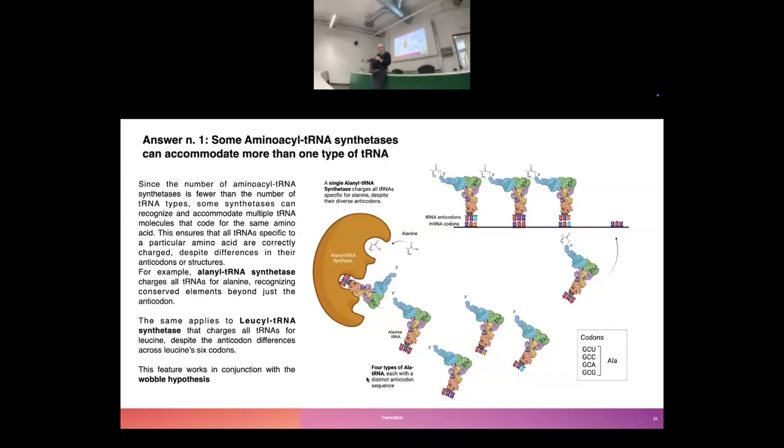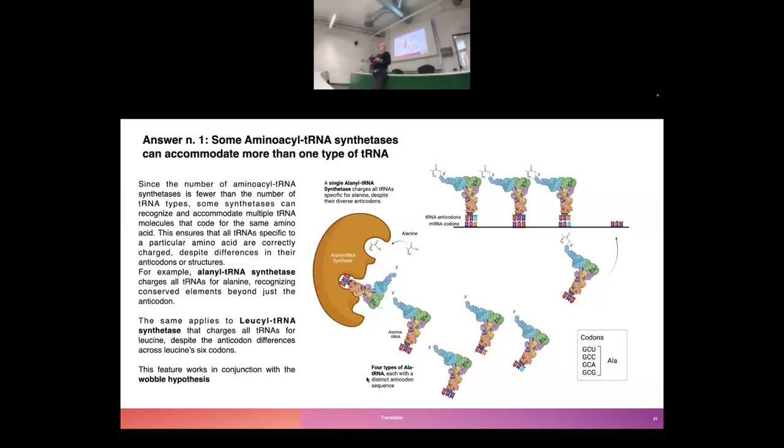If we use alanine as an example, if you look at the genetic code, alanine is coded by 4 codons. Those 4 codons have 2 nucleotides in common, and the third one can be any of the 4 nucleotides. The redundancy is most of the time on this third position.